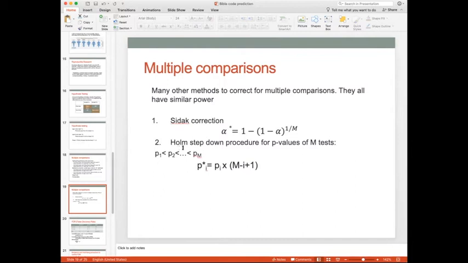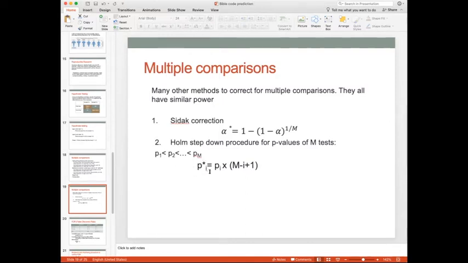And there's another one, the Holm step-down procedure, for p-values of m tests. This also controls for overall type 1 error, right? And so this is the p star. What they do is that you have to sort the p-values of the m tests, okay, from p1 to pn.